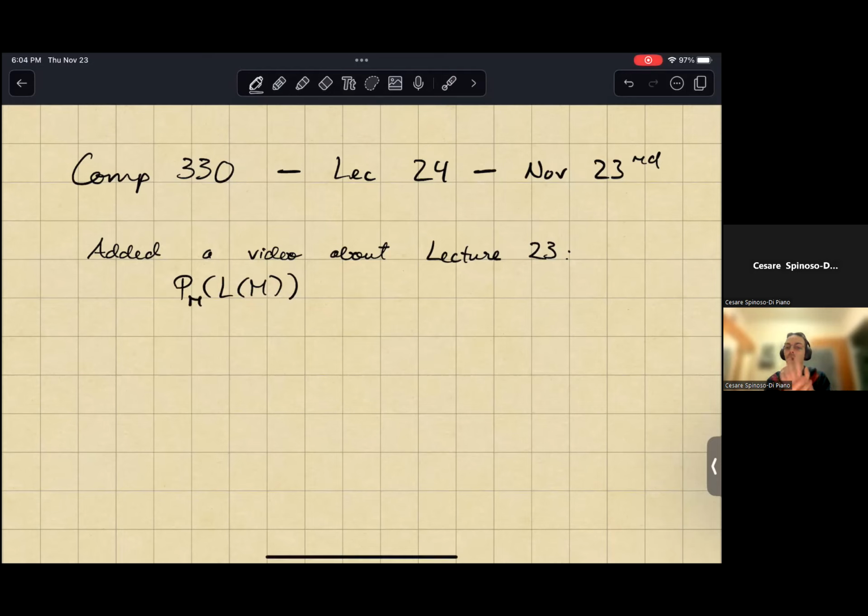The reason we need to talk about this parameter M is that if I tell you, given some CE language L, is L equal to sigma star, you need a way to represent L. In this class so far, the only way we've seen to represent CE languages is through Turing machines.